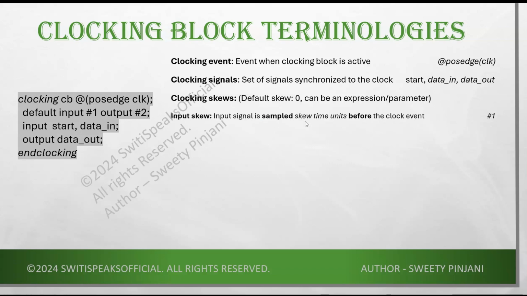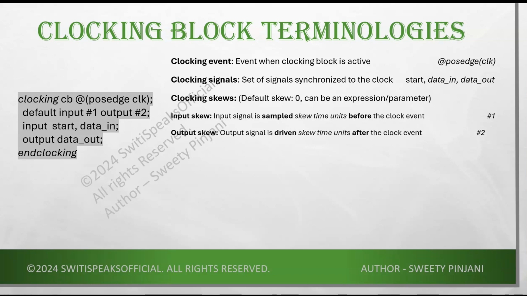Since it's an input, we need to sample it before the clock event, which is the edge of clock. Your inputs are start and data in. In this example, start and data in are going to be sampled one time unit before your edge of clock. This is the meaning.